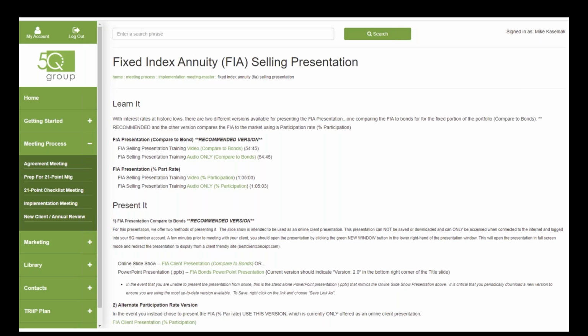No, because they're the best place to practice, so that when you're in front of a prospect, you're how good? So the nice thing about the feature advantage for FIAs is, guess what we've already done for you? We've created those features, advantages, and benefits inside the FIA presentation, whether you use the bond one or the participation rate. Does that make sense?